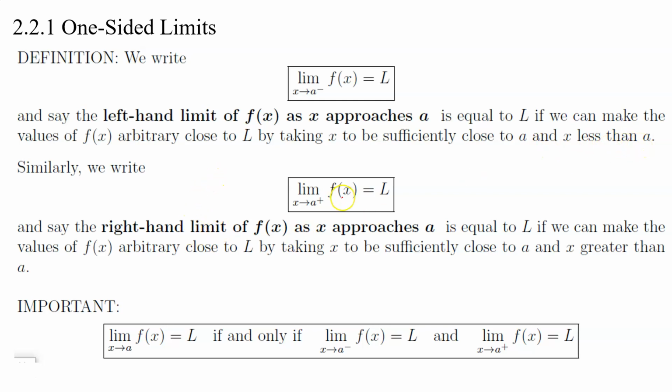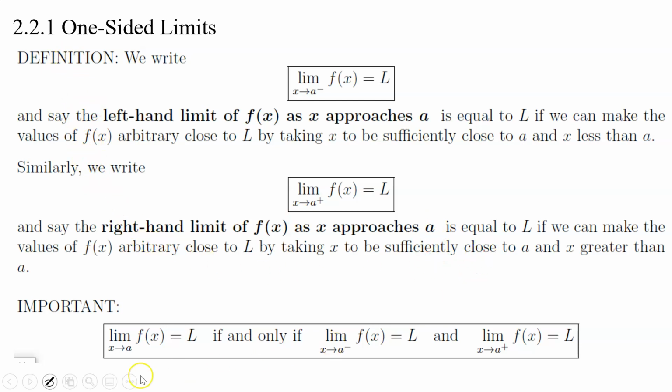Similarly, we write this one for the function f(x) as x approaches a from the right. So this is right hand limit and this is left hand limit. When we just check one side, for example only from the left or only from the right, then we call it one-sided limit. Bila kita cuma check satu belah saja.